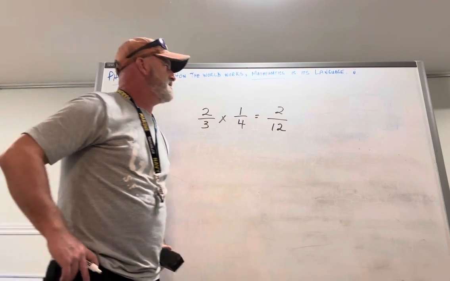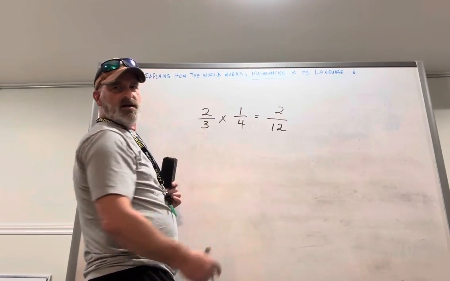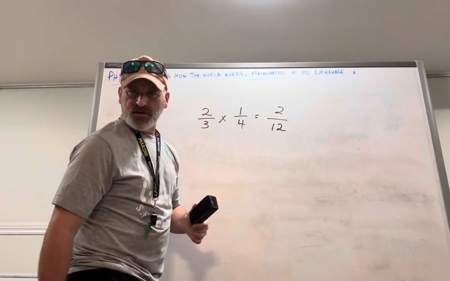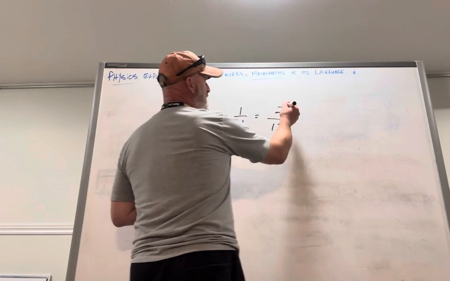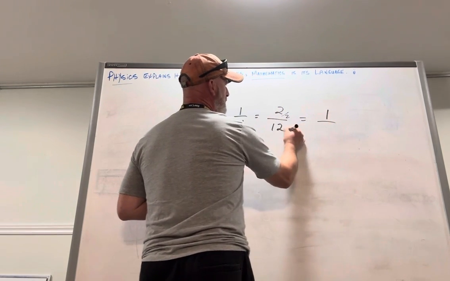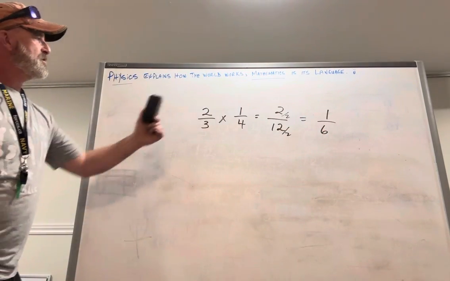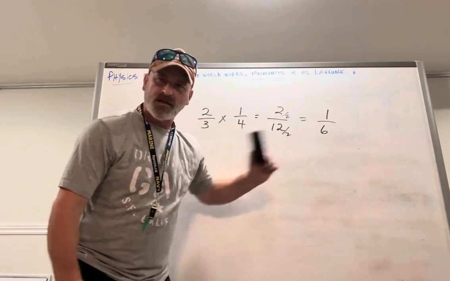Wait a minute. If I divide 2 evenly, it goes in the top and bottom because they're even numbers, you know 2 can do it. If I divide the top by 2, I'm going to get 1. If I divide the bottom by 2, I'm going to get 6. So really, 2/12 is the same as 1/6 of the pizza.